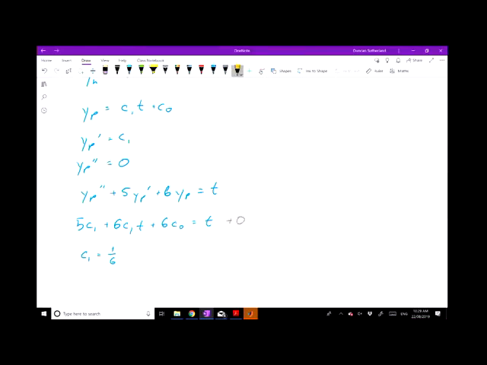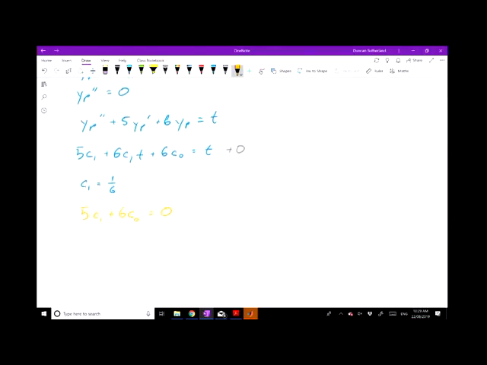We've got a 0 constant term, so when we equate the constant term, we have 5c1 plus 6c0 equals 0. Then c0 equals minus 5 over 36.